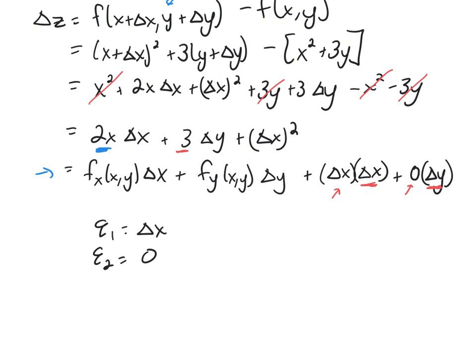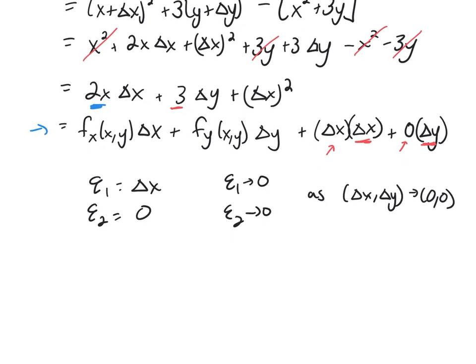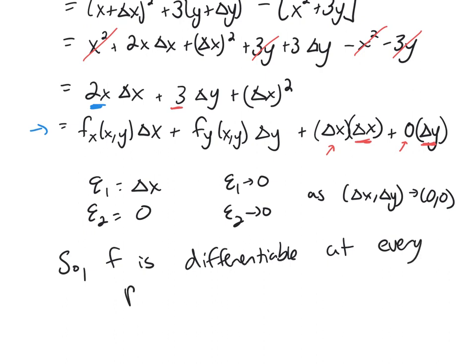And these are both going to go to 0 as delta x, delta y goes to 0, 0. So we meet the conditions of being differentiable, and I can say f is differentiable at every point in the plane.